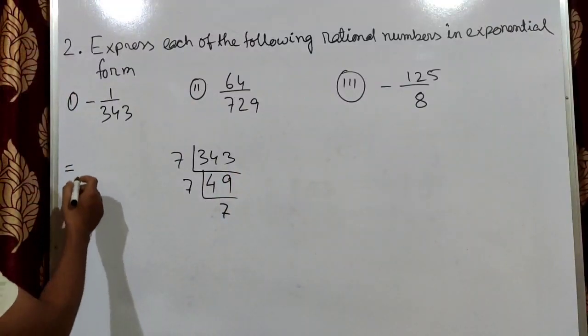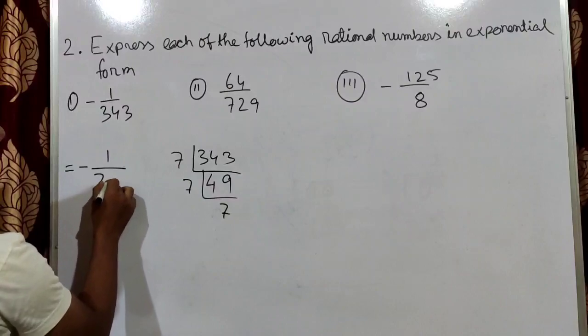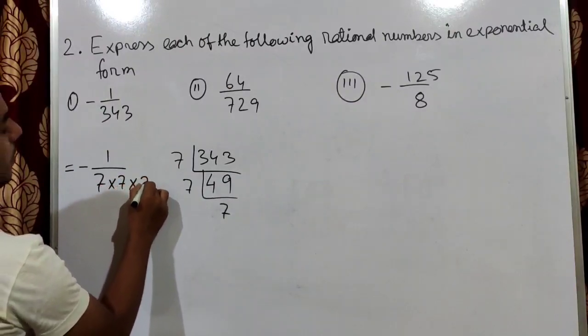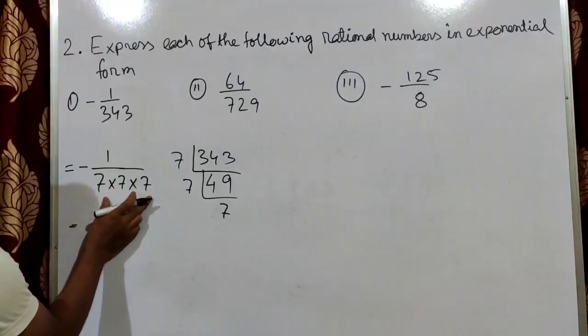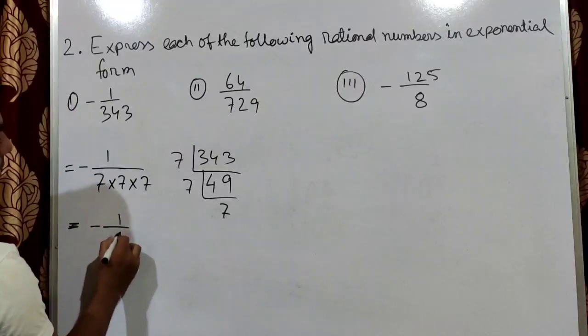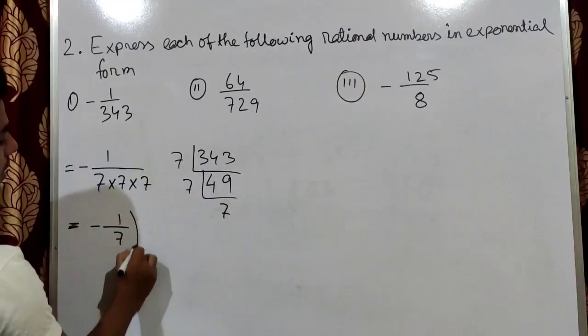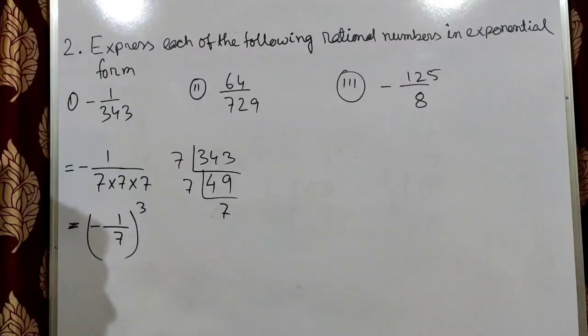So we can write it like this, minus 1 by 7 into 7 into 7. Clear? Okay. Now how many times is 7 multiplied? We will write minus 1 by 7 whole cube. Clear?